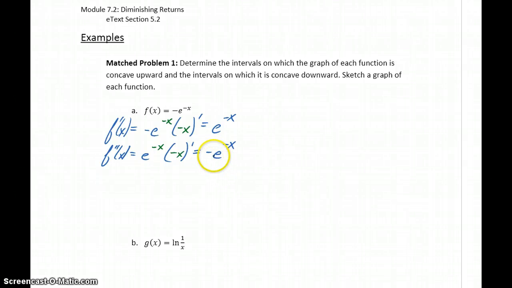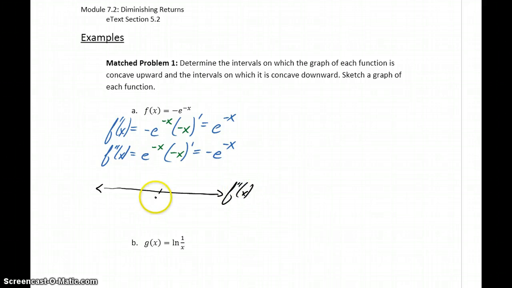So there is no case where negative e to the negative x can be equal to 0. So we have no critical values to consider. So when we construct a sign chart for the second derivative of x, we can just choose any point in its domain and plug that into the second derivative.